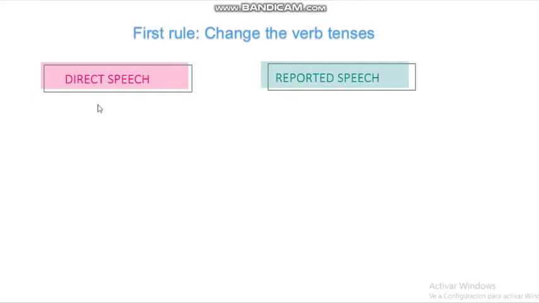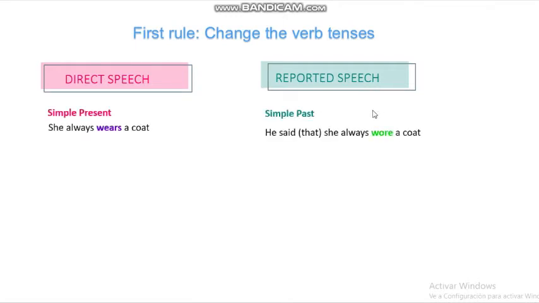When we have a direct speech and we are going to turn it into reported speech, it means that we are going to change the tense, as I told you before. The simple present becomes simple past.